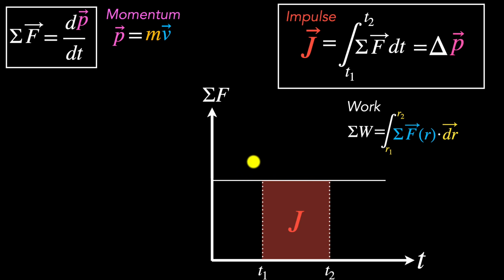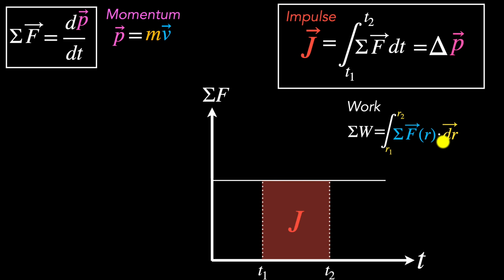So work is the area under the force-position graph. Impulse is the area under the force-time graph. We don't really have to memorize any of this. You just look at the equations and it tells us that.